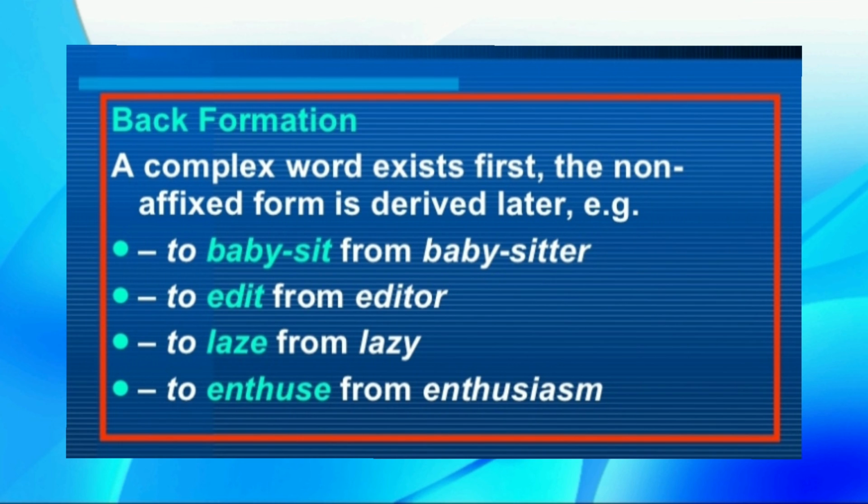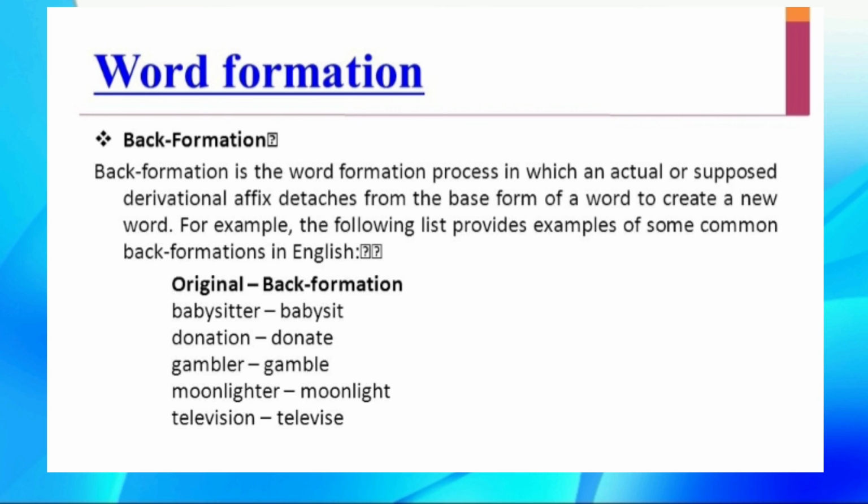Examples: to babysit from babysitter, to edit from editor, to lazy from lazy, to enthuse from enthusiasm. So for word formation, other examples of back formation: babysit from babysitter, donate from donation, gamble from gambler, moonlight from moonlighter, televise from television.